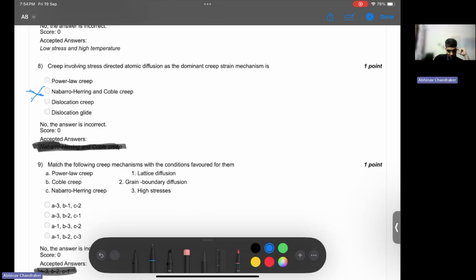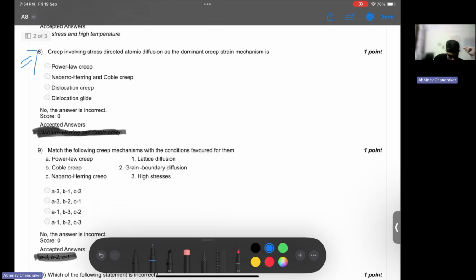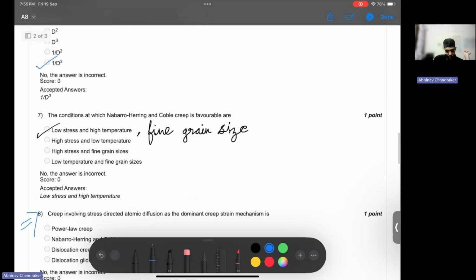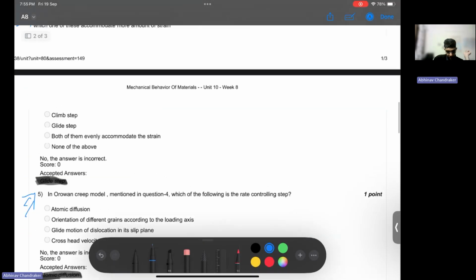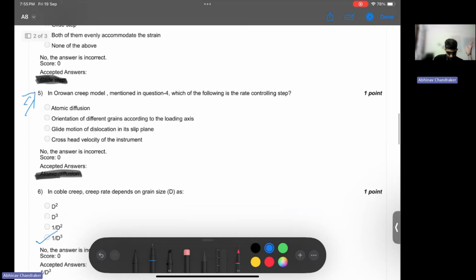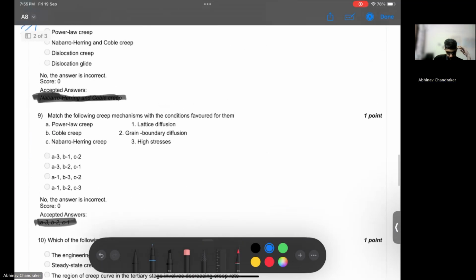Let's look at this later on when we have looked at power law creep and all. In the next session, we can look at this. Actually, I have seen the answer, but fine. We'll look at this in the next one. We have not yet covered Orowan based creep, and power law creep is also the same thing, but there's this Orowan creep model and power law model.